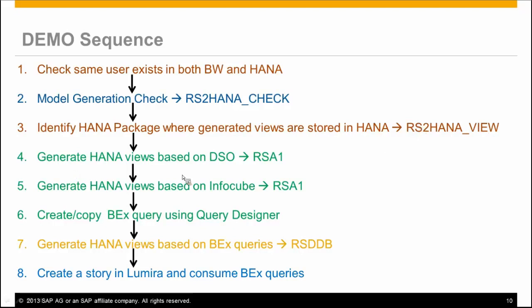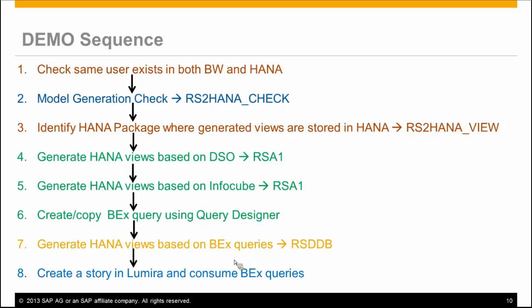Once we are done with those housekeeping activities, we'll generate a HANA view based on a DSO, of course going to our administrator workbench, which is RSA1, and then we'll generate a HANA view based on an InfoCube, and then we'll go ahead and create a BEx query, and generate a HANA view based on that BEx query. Once you're done, in the BEx queries you would create indexes and then fill them up.